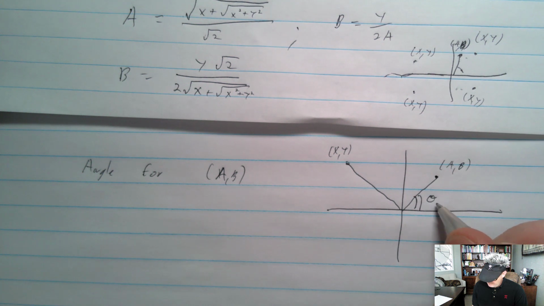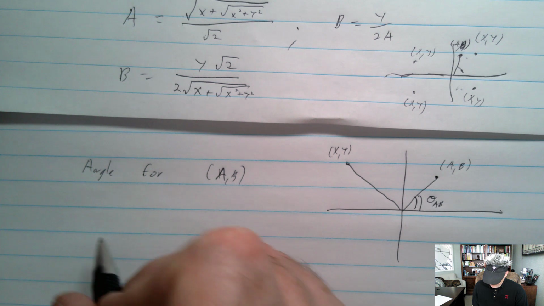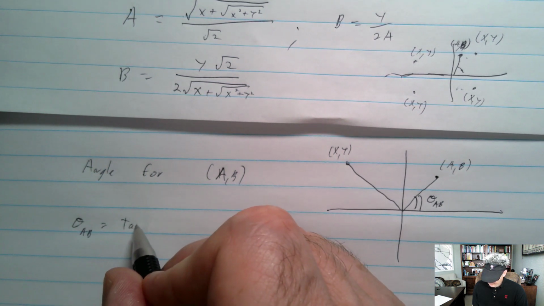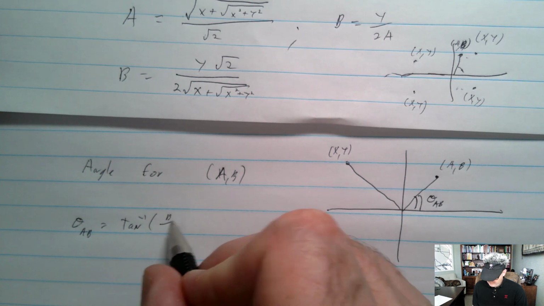Call this theta AB. Well, that'll just be the arctan of B over A. That works.